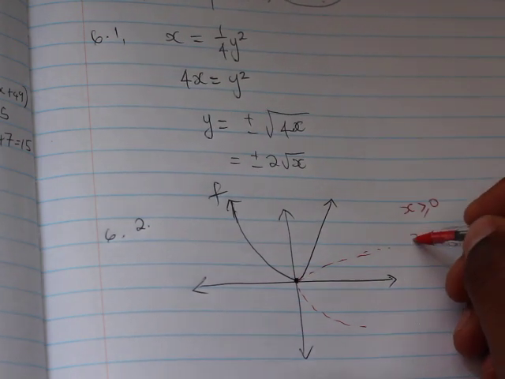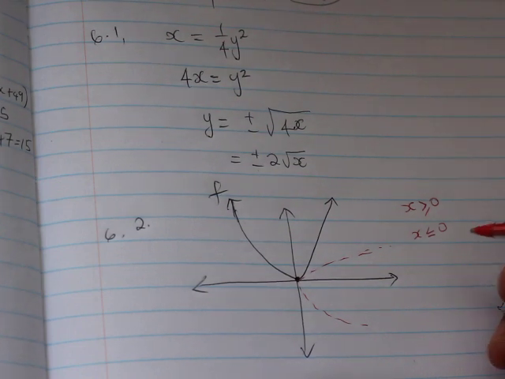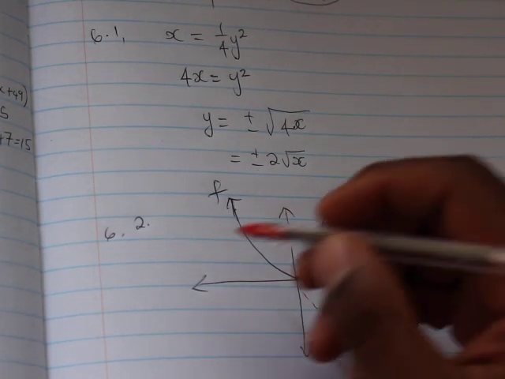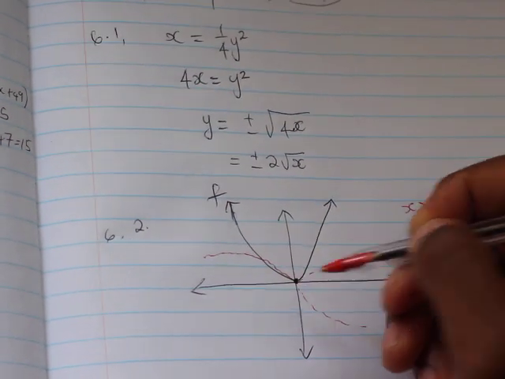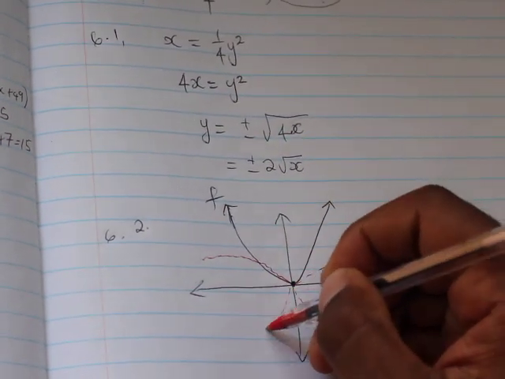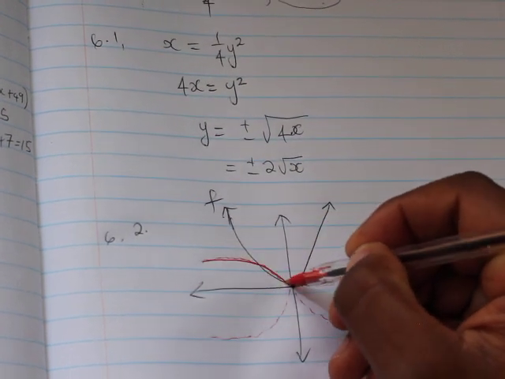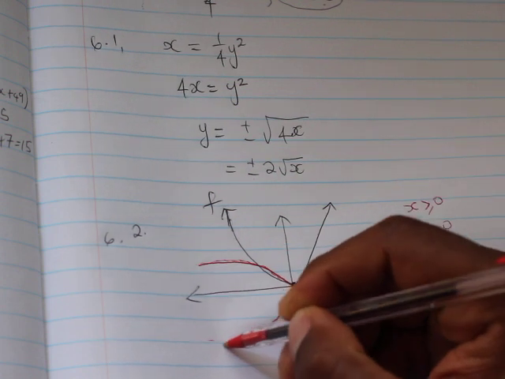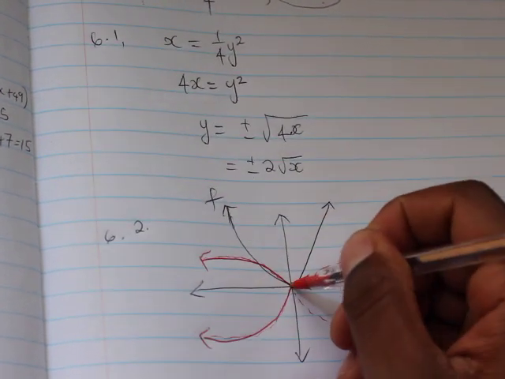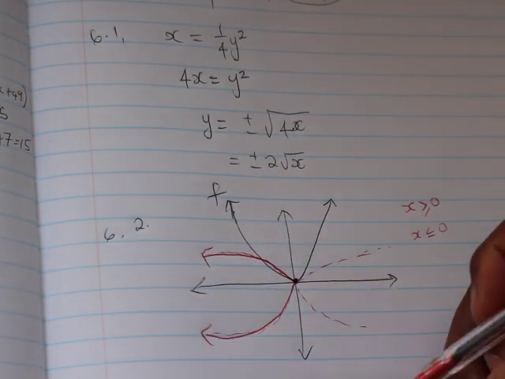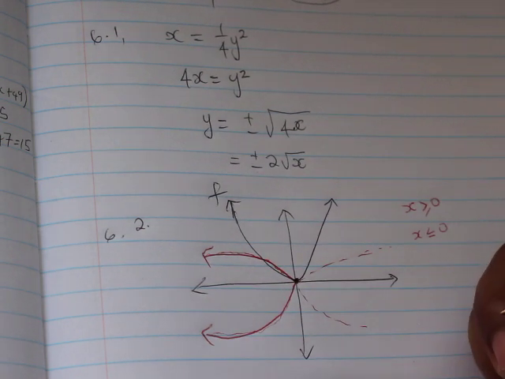But when x is less than or equal to 0, oh my goodness, this is starting to make sense. When x is less than or equal to 0, then we'd have a branch like this. So this is the actual branch when x is less than 0. And if you check, from here going to minus infinity, all the x values are negative. You guys get what I mean?